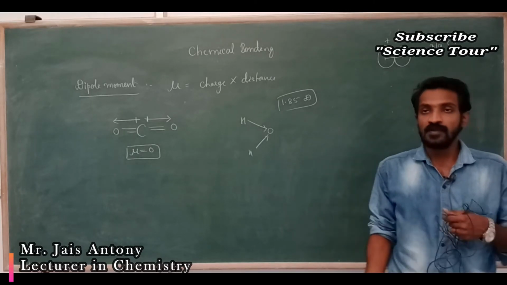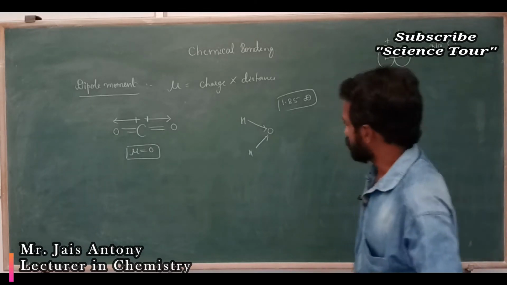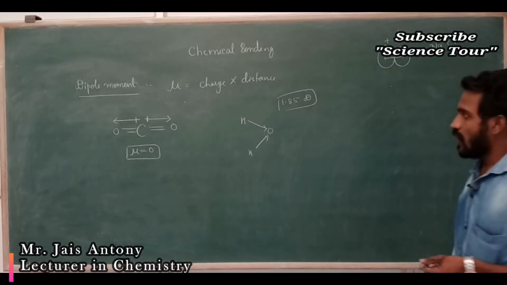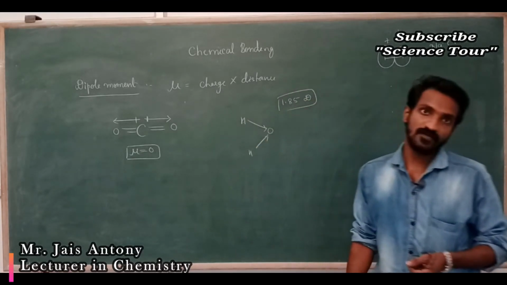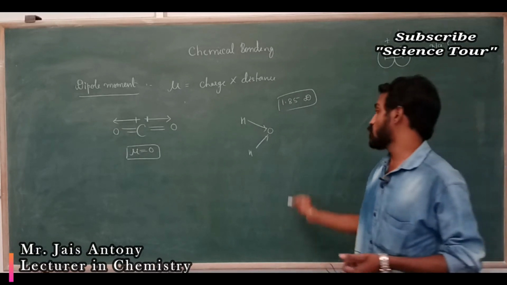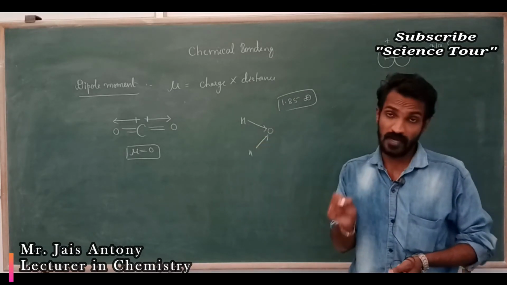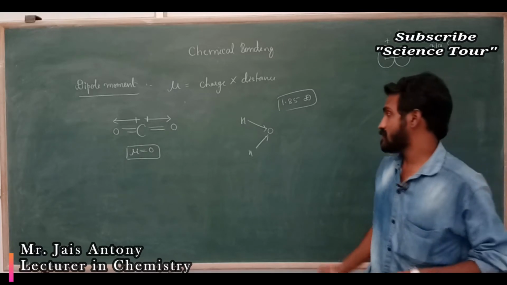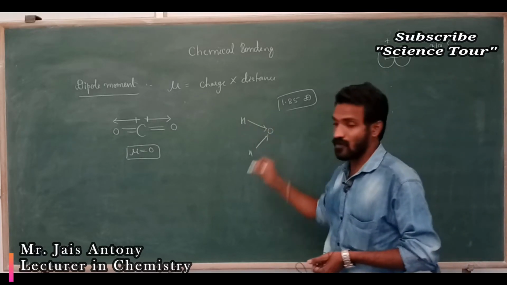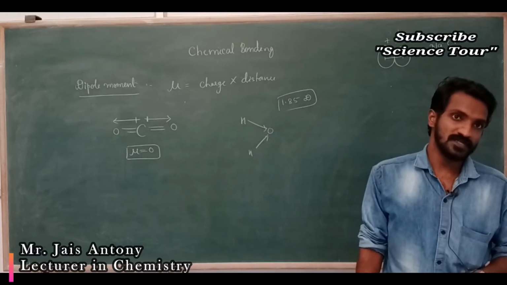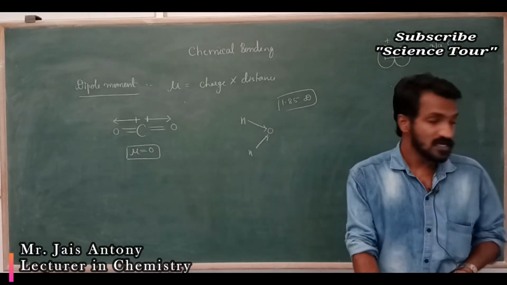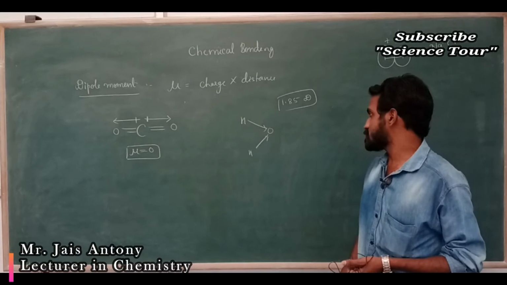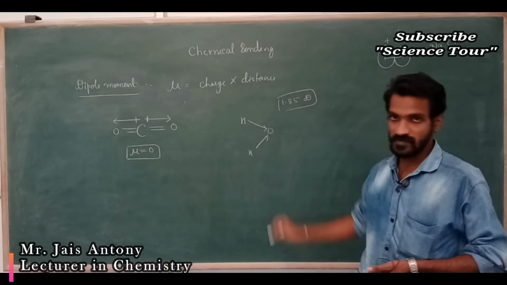Here, between hydrogen and oxygen, which one is more electronegative? Oxygen is more electronegative compared to hydrogen, and the polarity from hydrogen to oxygen takes place. Here to here, electron transfer.